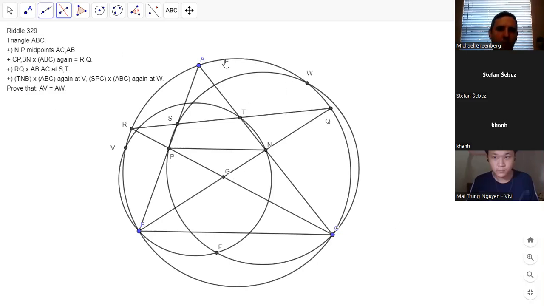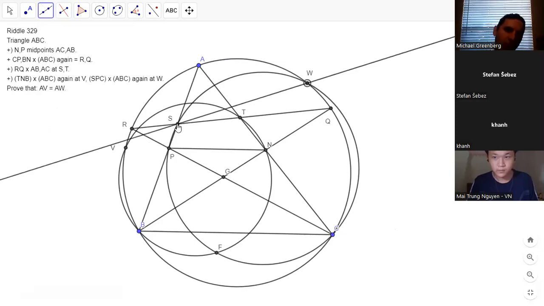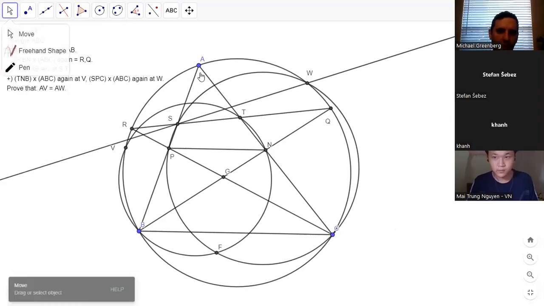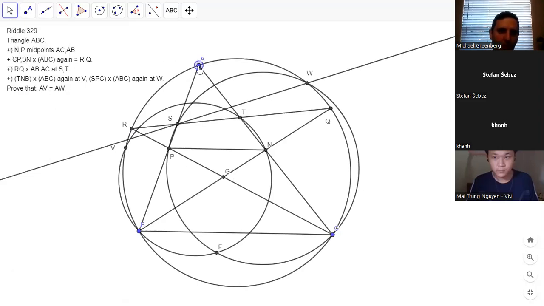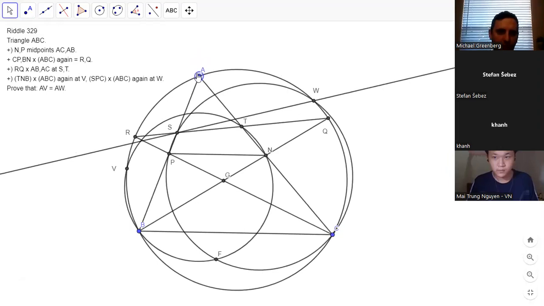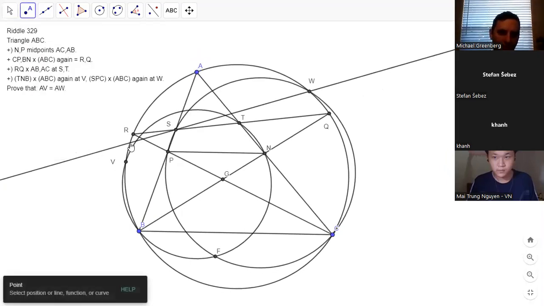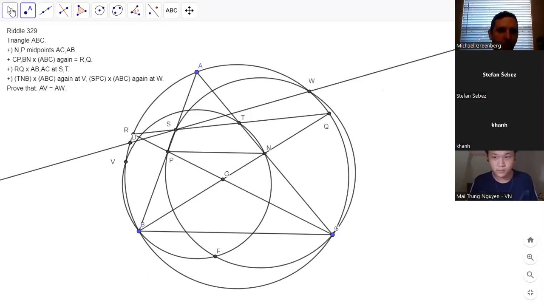Oh no, I think what we want to show is that we draw WS and we let it intersect the circle at a point. I think we want to show DB is equal to AR. Let me check if that's true.